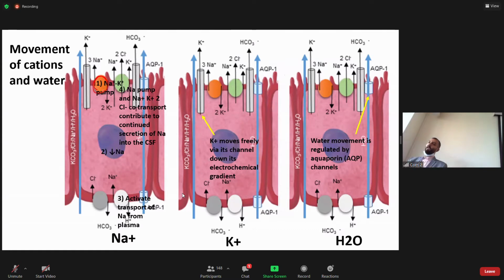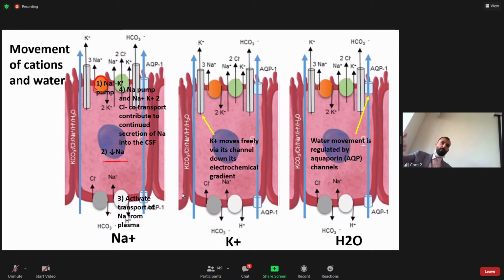So this is an active transport mechanism, isn't it? And by pumping sodium to the ventricular side, we have a lower concentration of sodium within the ependymal cell, which will activate a secondary active transport of sodium from the blood.